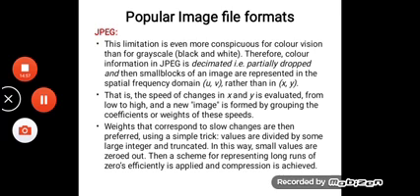So instead of going for the X and Y domain, we prefer to go for the U and V domain. That is, the speed of changes in X and Y is evaluated. So how do we switch to the spatial frequency domain, that is U and V, rather than X and Y? That is explained here. The speed of changes in X and Y is evaluated from low to high, and a new image is formed by grouping the coefficients or weights of these speeds.